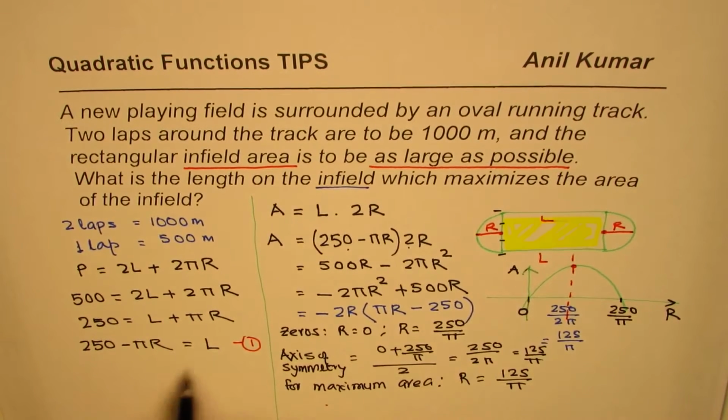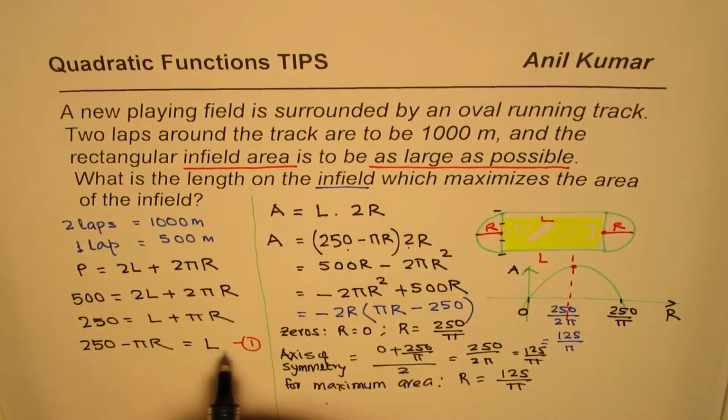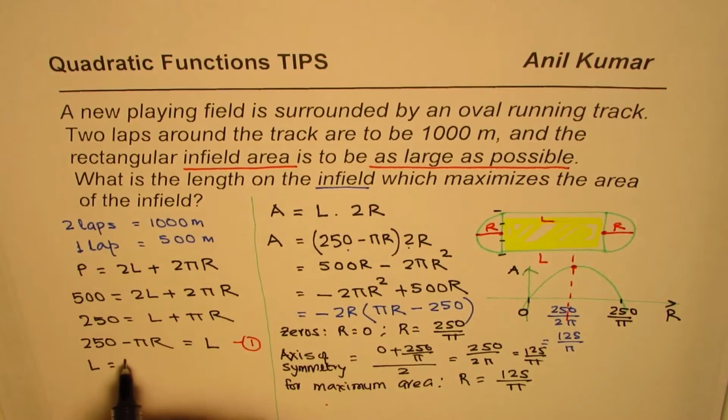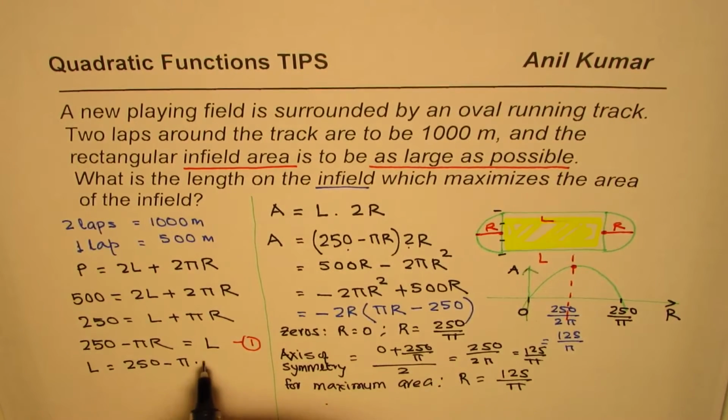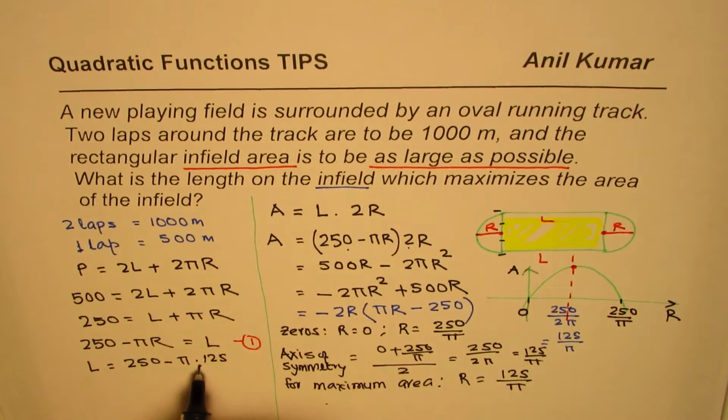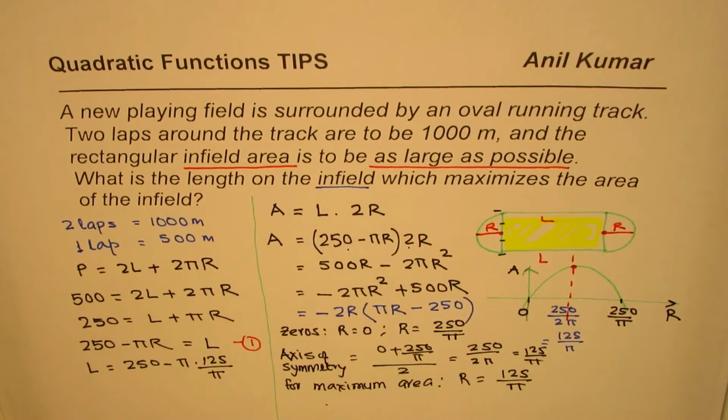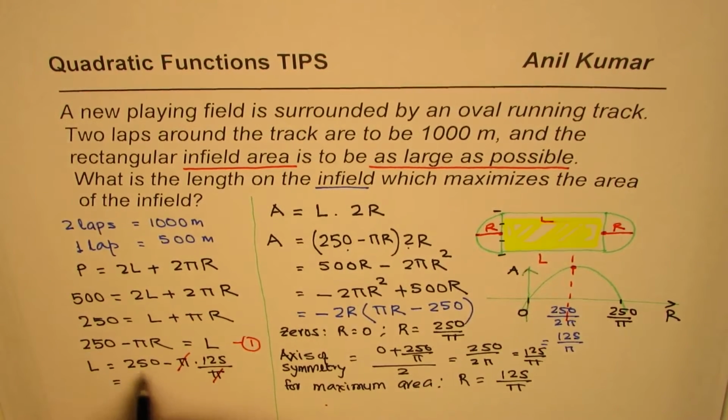Now we need to find L, so we can substitute in equation 1. So L will be equal to 250 minus pi times 125 over pi, correct? So here pi and pi cancel, so you're left with 250 minus 125, which is 125. Is it okay?